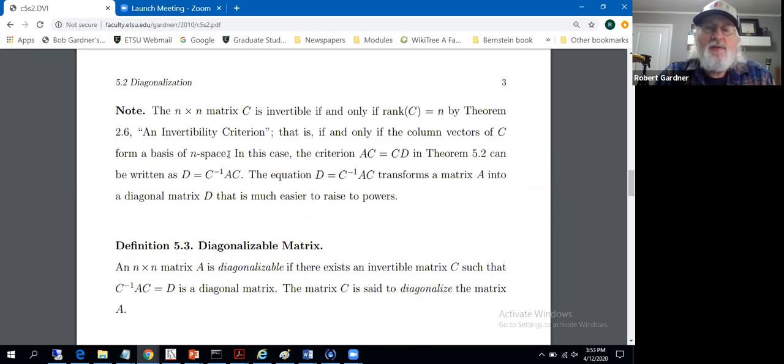All right. So let's see, C is invertible if and only if the column vectors of C form a basis of n space. That was mentioned maybe as well in terms of Theorem 2.6. The rank of a matrix, by definition, was the dimension of the column space. We knew how to compute it using row reduction, but it was given by definition to be the dimension of the column space. Well, you've got the columns of matrix C being vectors from n space, n-dimensional vectors with scalars from somewhere, the reals or the complexes.